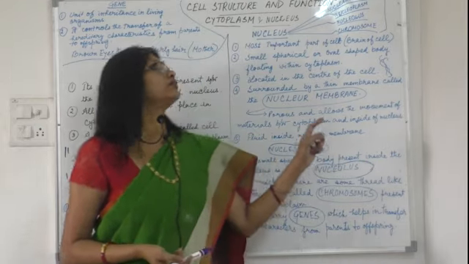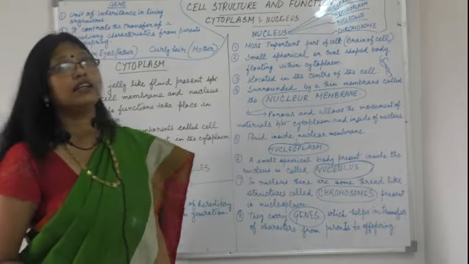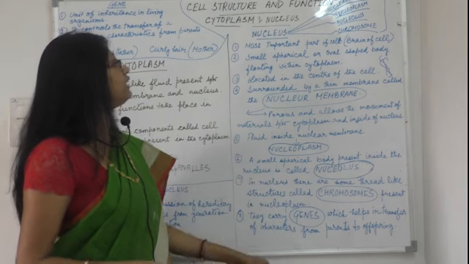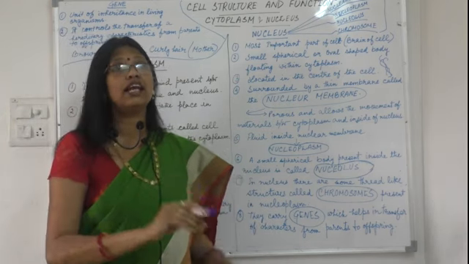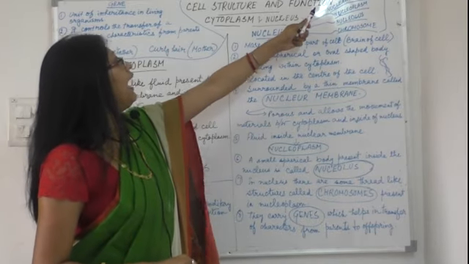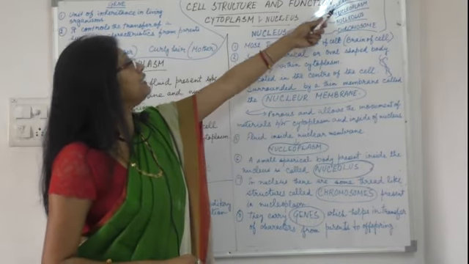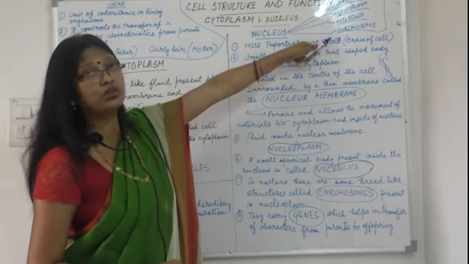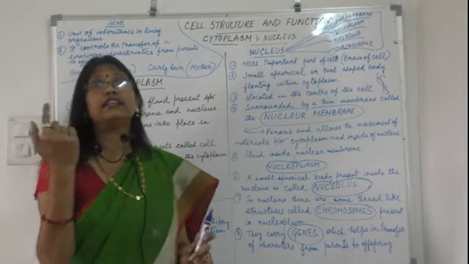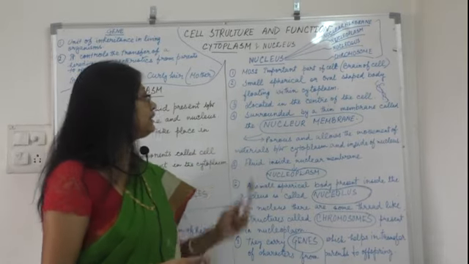Next we came to the nucleus. It is the brain of the cell, the most important part of the cell, and the nucleus has four parts: nuclear membrane, nucleoplasm, nucleolus and chromosome. Nuclear membrane, the thin membrane of the nucleus.